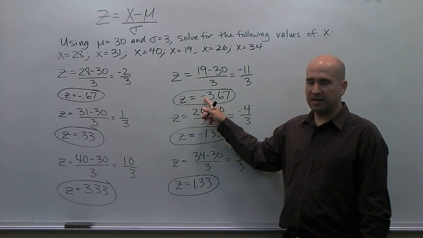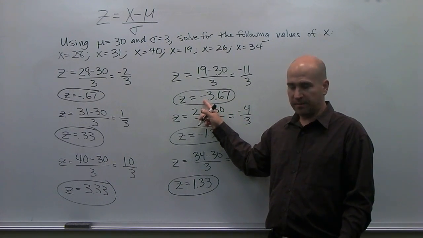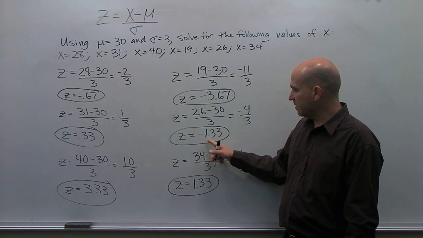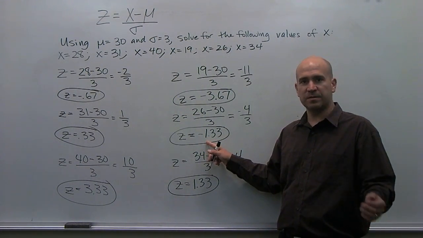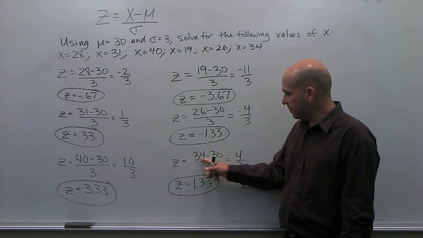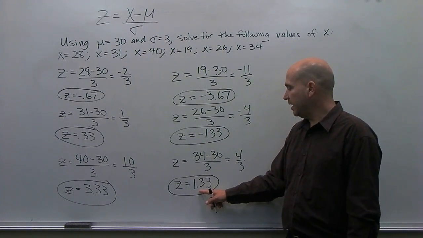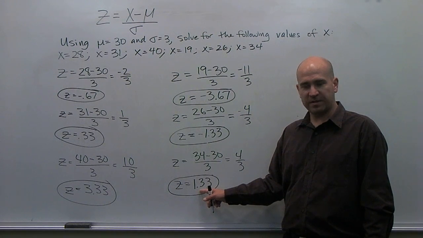Negative z indicating that it's 3.67 standard deviations below the mean. The score of 26 produces a z of negative 1.33, so it is 1.33 standard deviations below the mean.